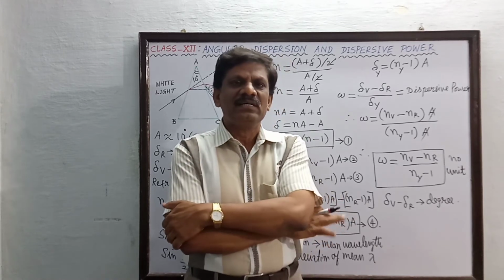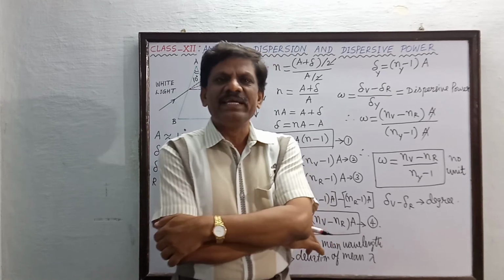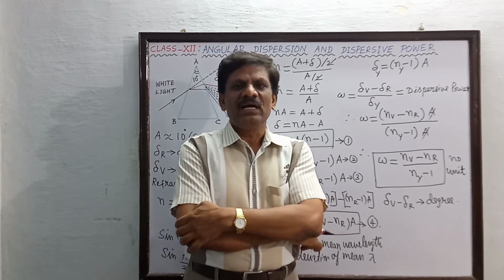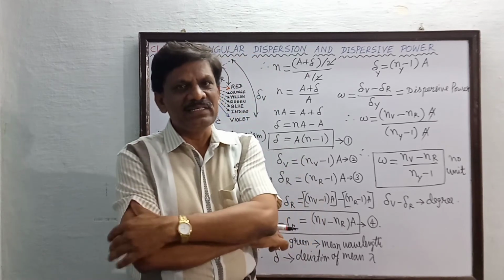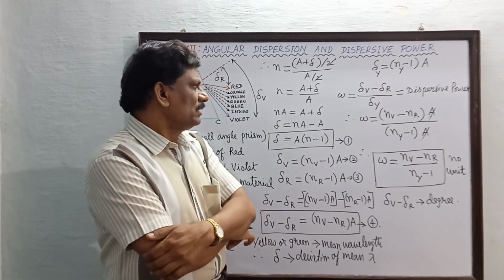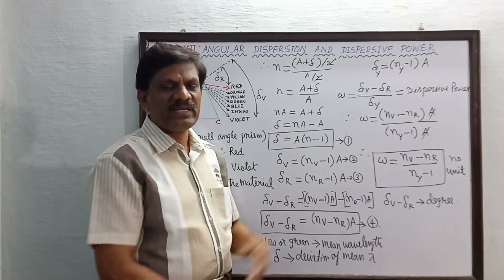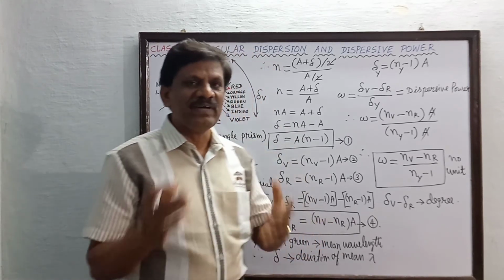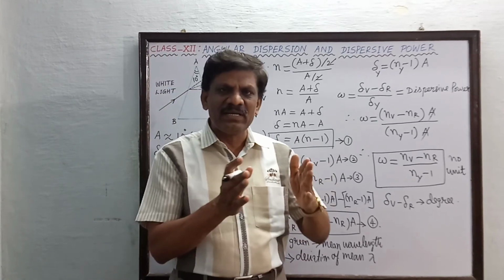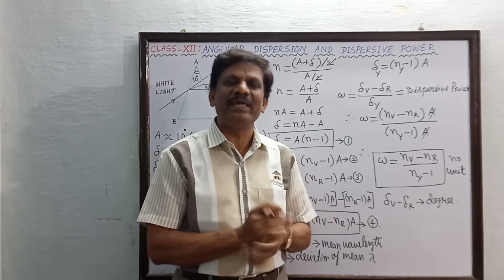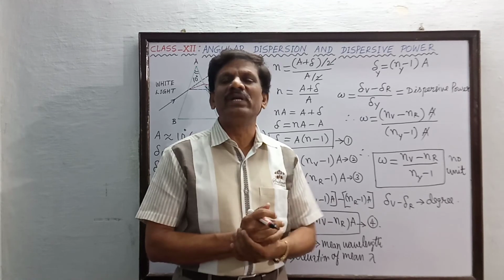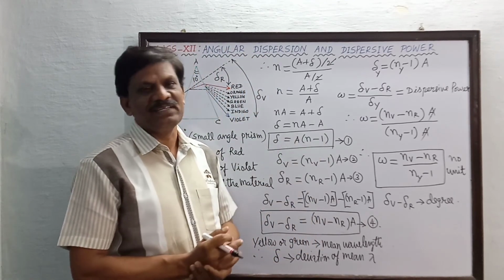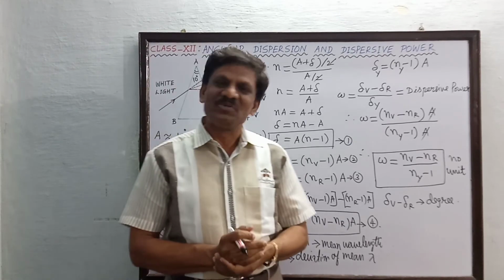This is because the speed of light is minimum for violet inside glass and maximum for red inside glass. So the difference in the deviation between the two extreme colors only is called the angular dispersion, and if it is divided by the deviation for the mean color or the mean wavelength, namely yellow or green, this ratio only is called the dispersive power of the material of the prism. I hope you must have understood well. Fine.